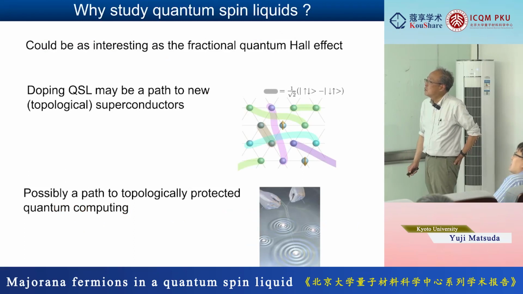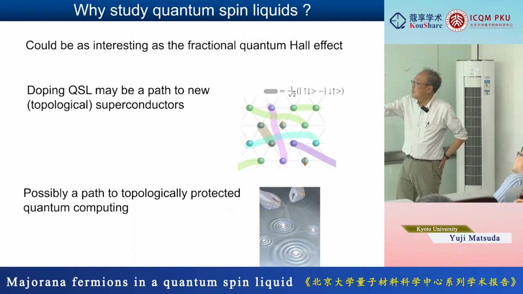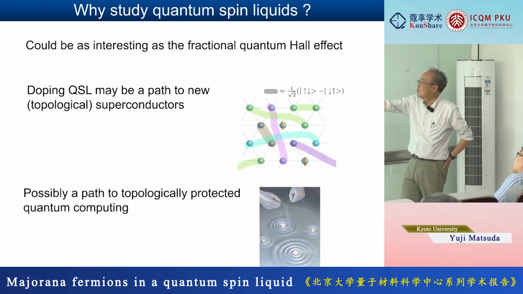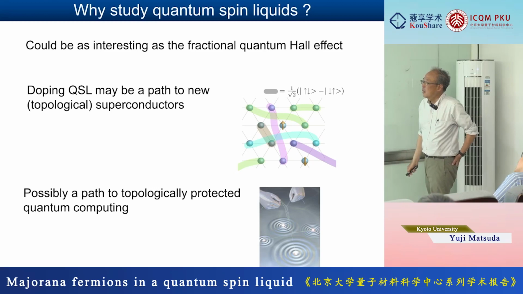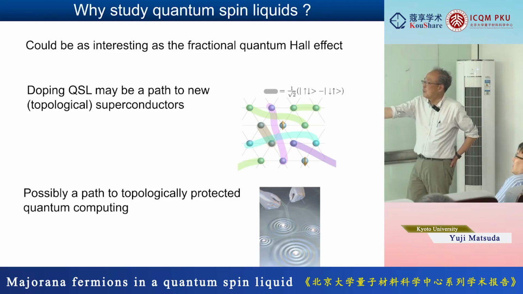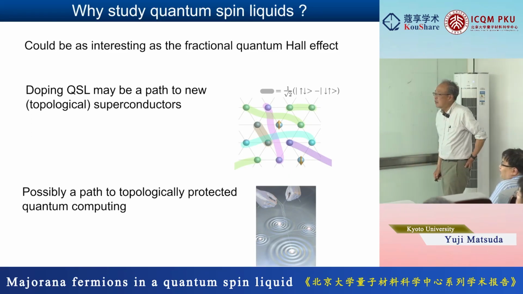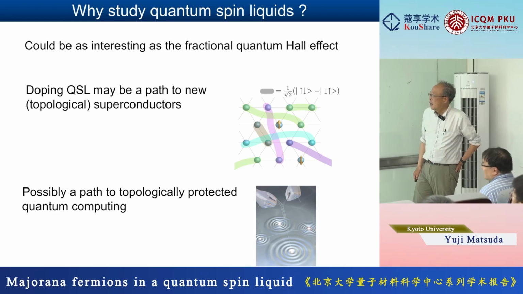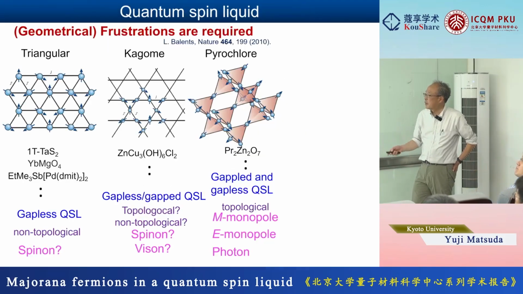So why study quantum spin liquid? There are several reasons. They could be as interesting as the fractional quantum Hall effect, according to Leon Balents. Then doping a quantum spin liquid may be a path to new topological superconductors. Third, possibly it provides a path to topologically protected quantum computing. Okay, I'll discuss this point later.